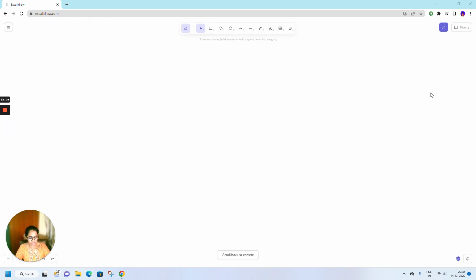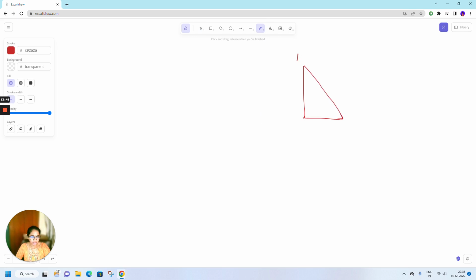Let me take a triangle ABC. In an isosceles triangle, two angles would be equal and the corresponding two sides would be equal. So if one of the angles is 90 degree, the other two angles would be 45 and 45.